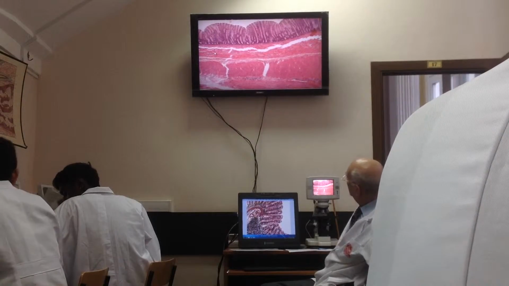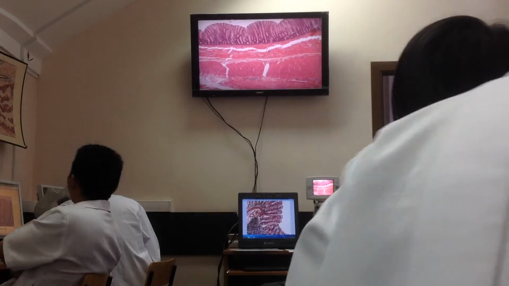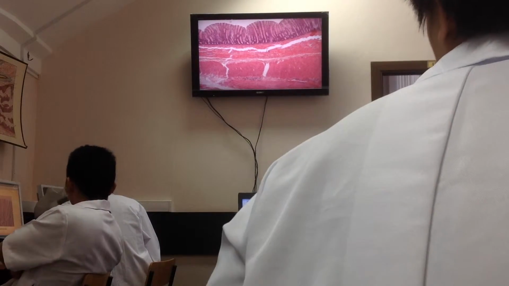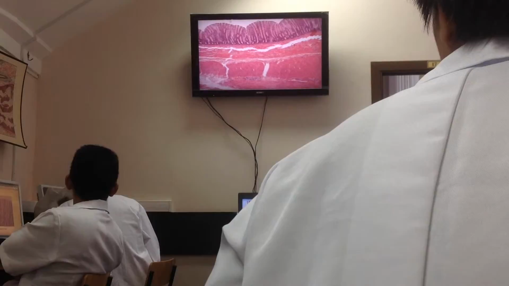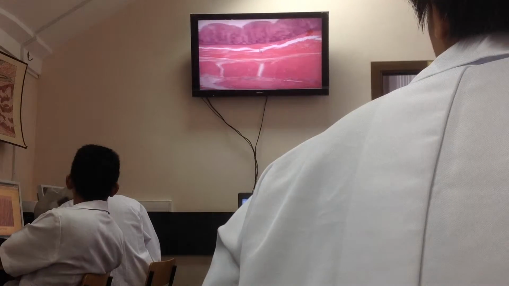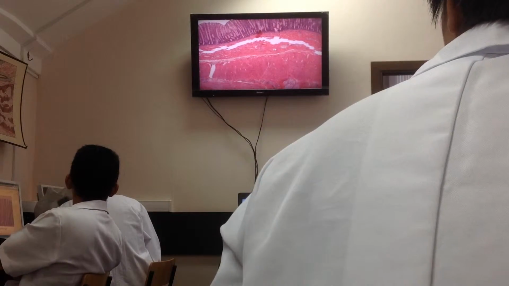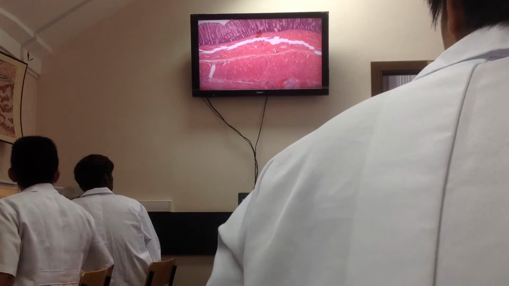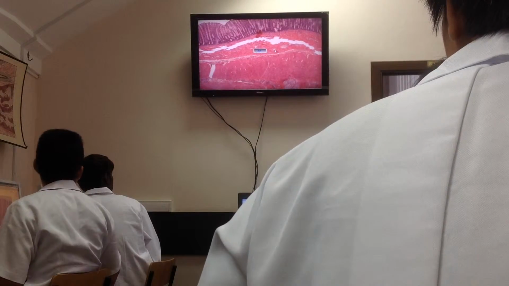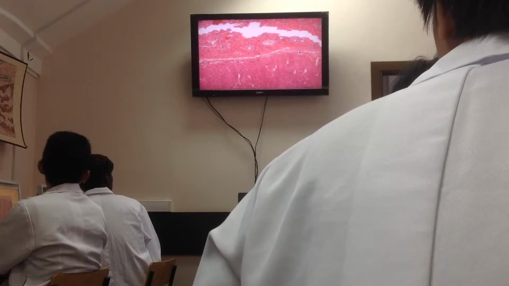Submucosa. Look, the slide is damaged slightly during sectioning, during fixation. These spaces are artifacts. So you see submucosa with blood vessels, and we must differentiate the blood vessels now.